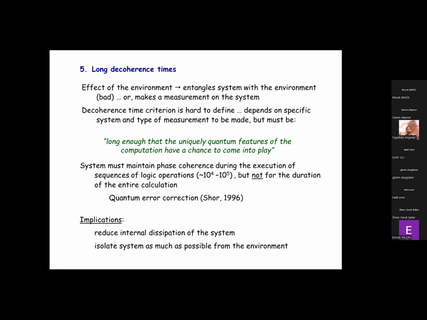During all these times, you need to preserve the state of your qubit. But there is always interaction with the environment, and the environment destroys this entangled system. So that's why the coherence lifetime is quite critical. It should be long enough that we have a chance to perform all these operations.